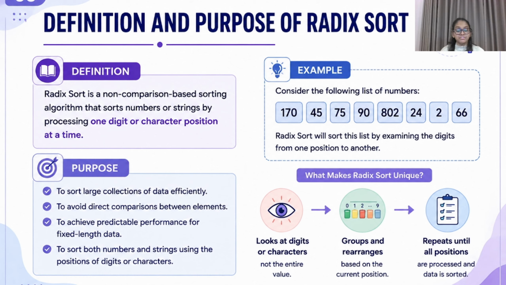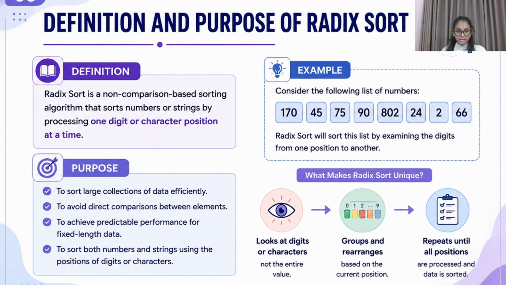Let's say we have the number 527. Instead of treating 527 as one complete value, Radix Sort can look at the 7, then 2, and then 5. Each digit has a different position and therefore a different significance. The purpose of Radix Sort is to use this position to organize the elements efficiently.